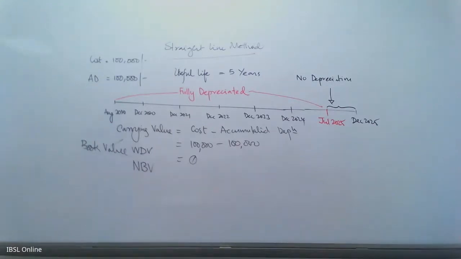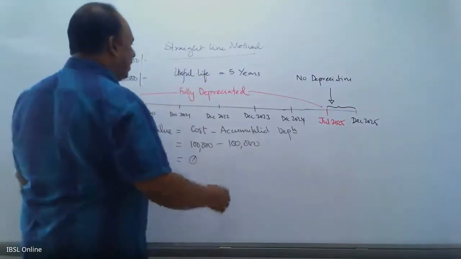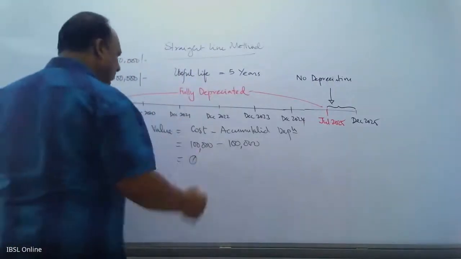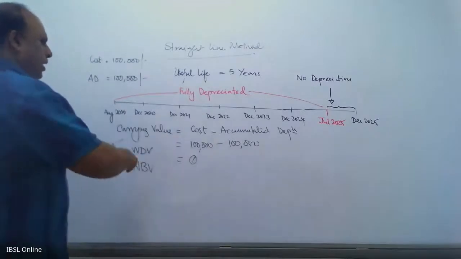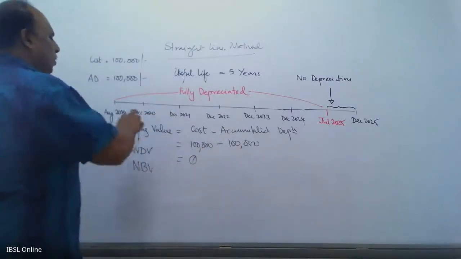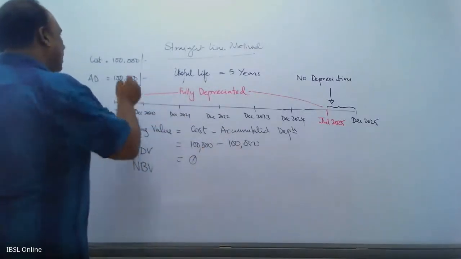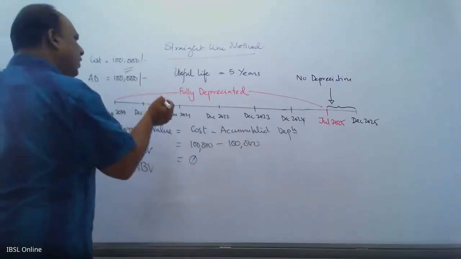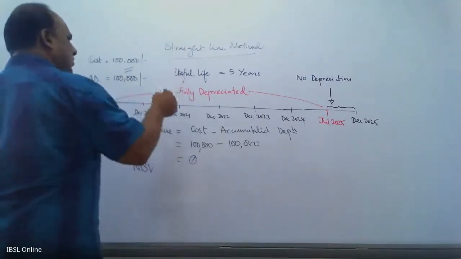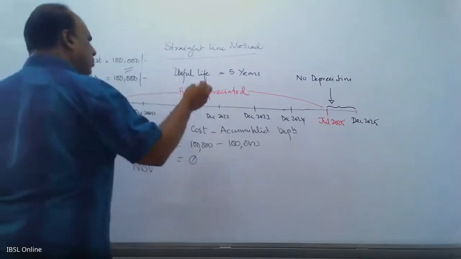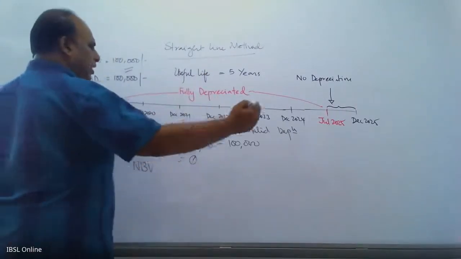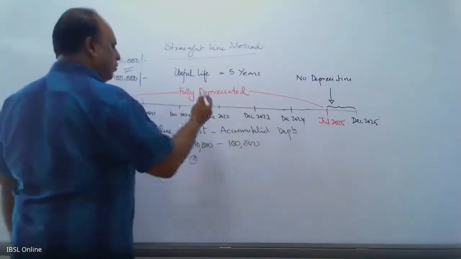Then they will also say calculation will not be simple when addition and disposal of the assets are involved. Now say, this is of course a computer, but let's assume this is a building. For a building, what will happen? You started with 100,000, but in between, you will add more and more costs. You might construct a new portion of your building, or you might do changes.